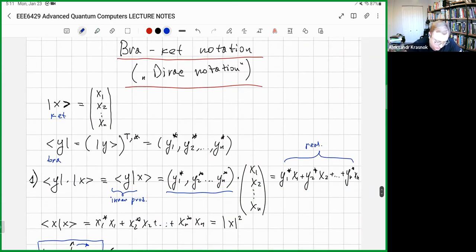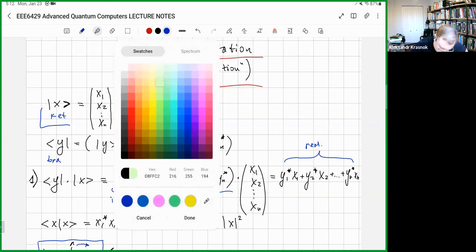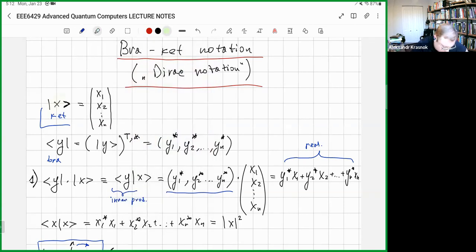And then we introduced the bracket notation, also known as Dirac notation. In this notation we represent a vector, for example vector x, as a column of numbers, basically projections. These x1, x2, etc., xn are projections of a vector in a given basis.